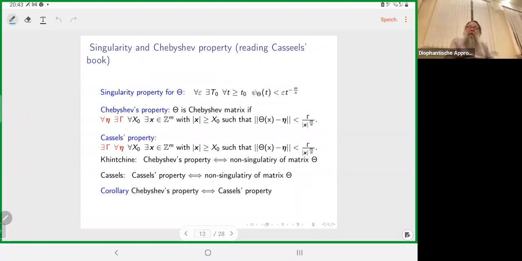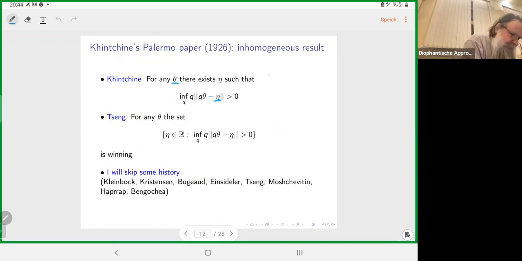Nevertheless, I will speak again about multidimensional generalization. Well, this result by Khintchine was generalized by Khintchine himself and by Jarnik. The results by Khintchine were very well known to everybody, and Jarnik's papers were forgotten. But now I will not speak about Jarnik's paper, but just about Khintchine's result.